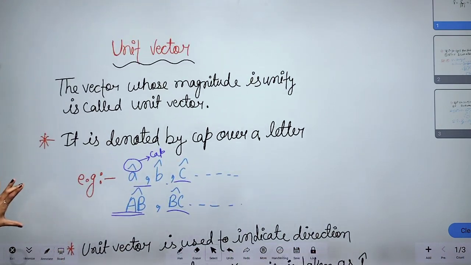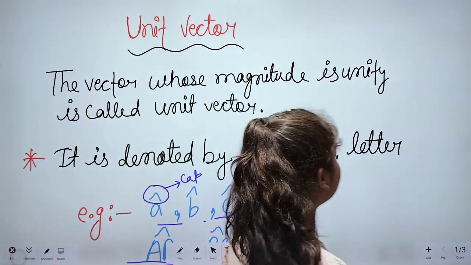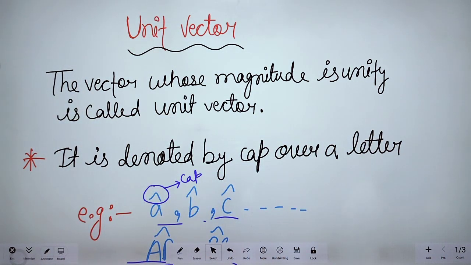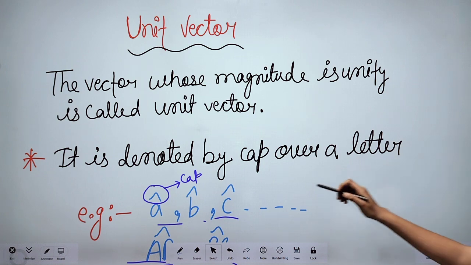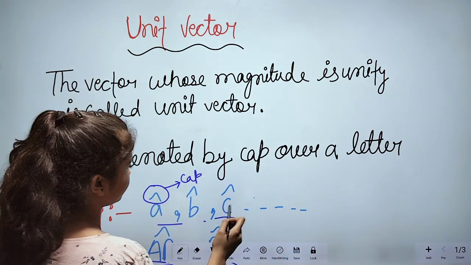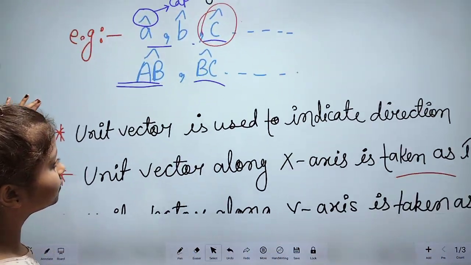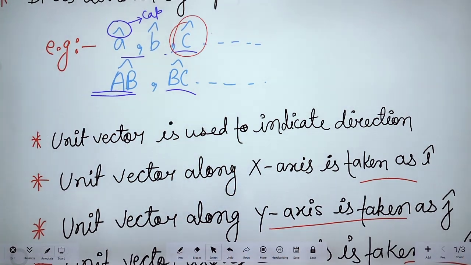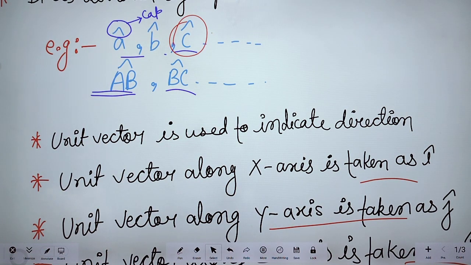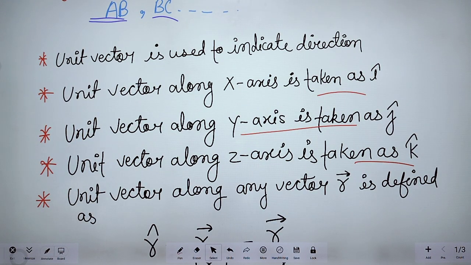So here, what is a unit vector? The vector whose magnitude is 1 is called a unit vector, and it is denoted by a cap over a letter. Unit vector along the x-axis is taken as i cap, unit vector along the y-axis is taken as j cap, and unit vector along the z-axis is taken as k cap.